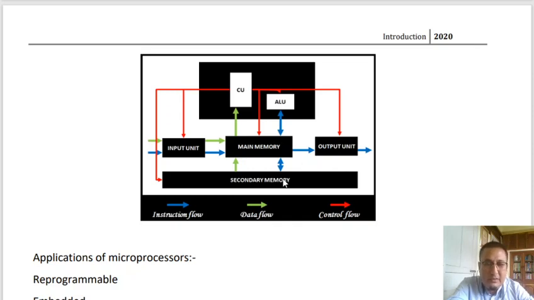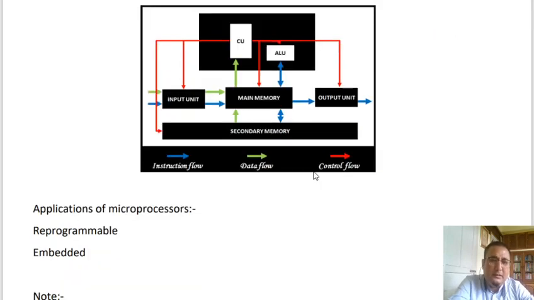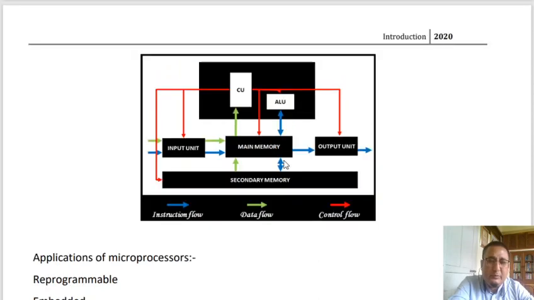This is a typical architecture of a computer system. A microprocessor has in it a control unit, an arithmetic unit, and associated registers. This is a typical representation of a computer system that you need to remember, with a microprocessor, input devices, memory devices, and output devices.